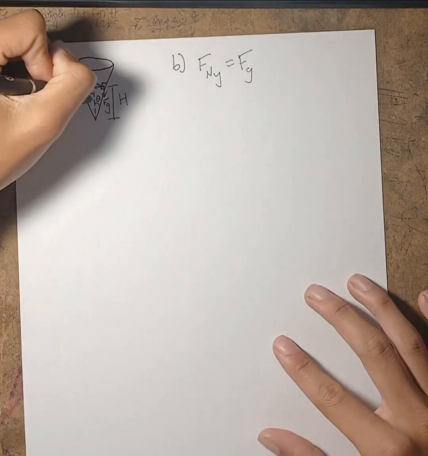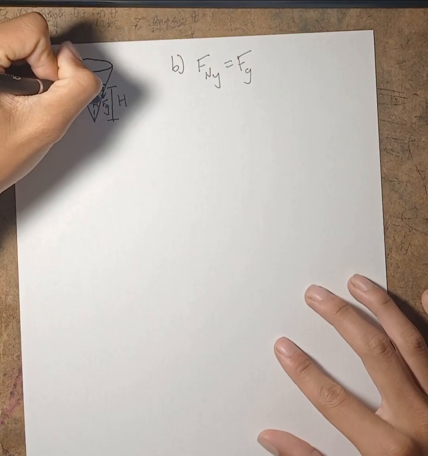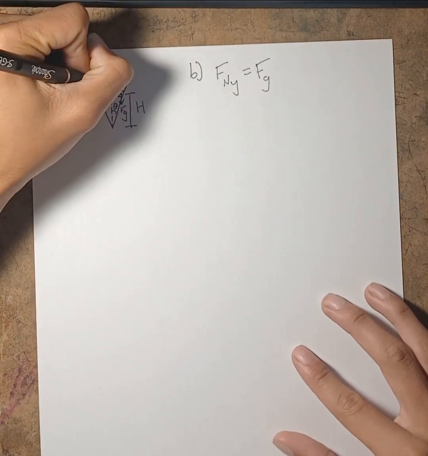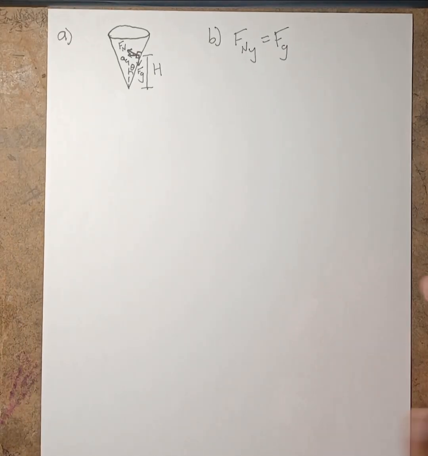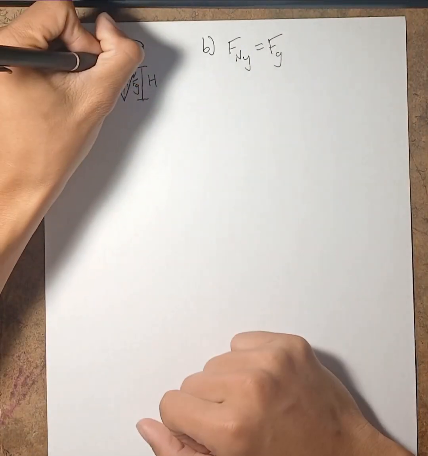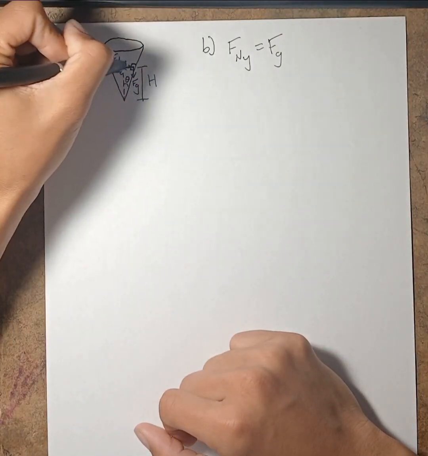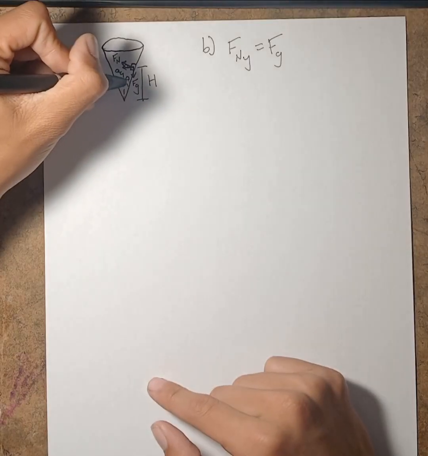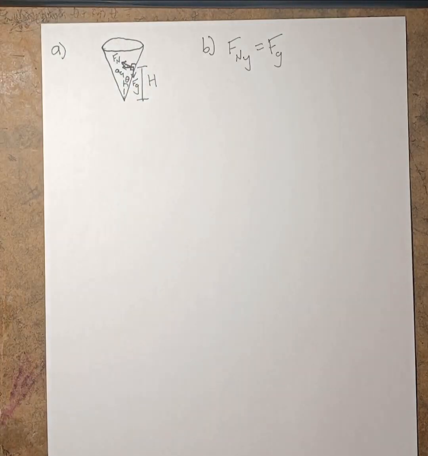Well, the geometry of the cone dictates that this angle is the same as this angle in the center of the triangle. Again, it's really tiny, but that angle right here towards the outside of the cone is the same as the half angle of the cone.